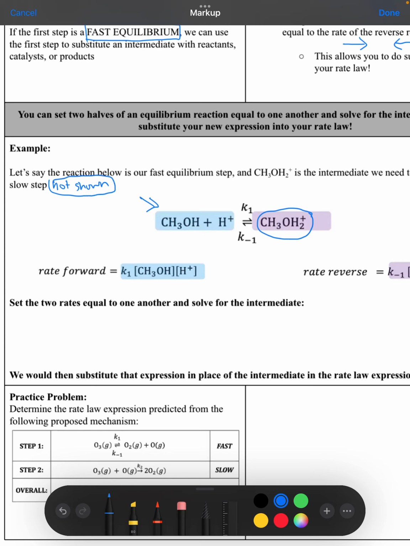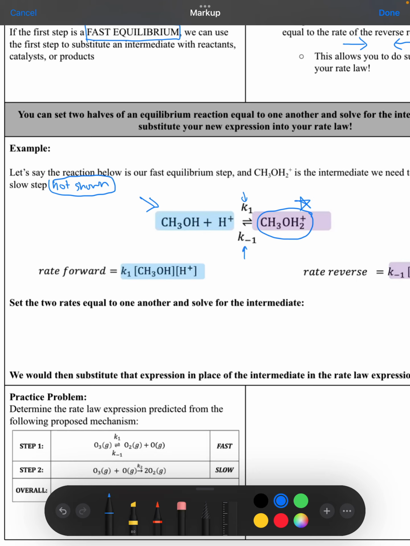This is literally just me showing you a fast equilibrium step that we are capable of doing substitution with. So assuming I have to get rid of this thing later, that means that I need to use this fast equilibrium step to solve for it, for lack of a better term. So we see two things here. We see a K1 and a K negative 1.